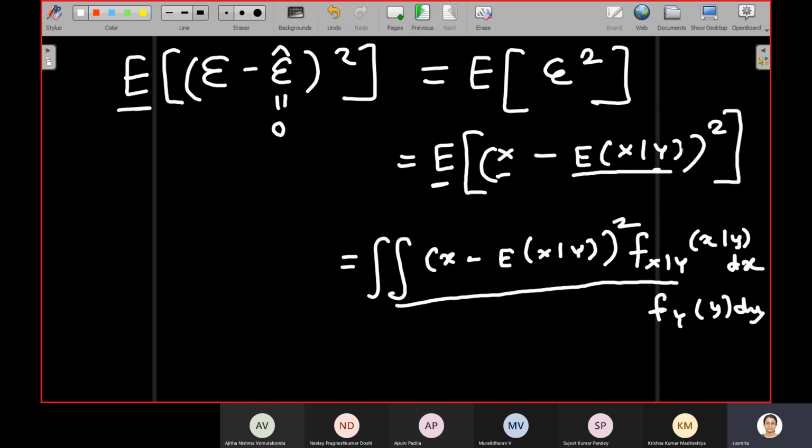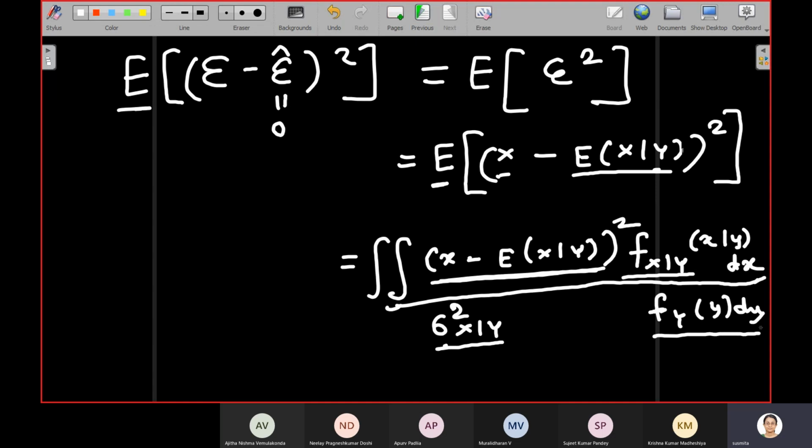Now the inner integration you can write as the conditional variance, because for variance we need to square the whole thing, and since the corresponding PDF we have taken is the conditional PDF, the variance is the conditional variance. And then the whole thing again has to be integrated with respect to y. Then only we will get the estimation error variance.